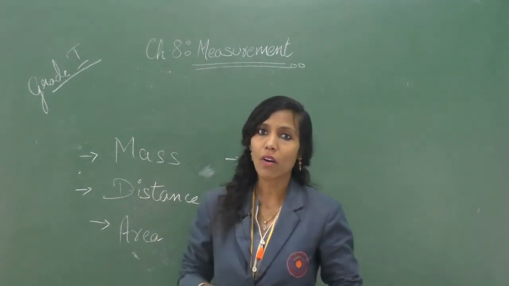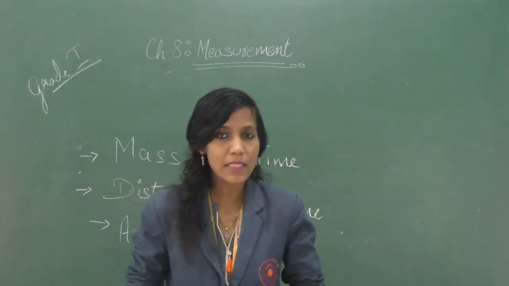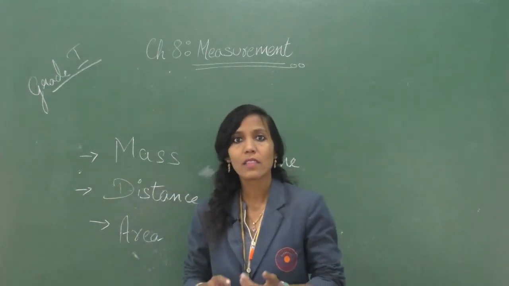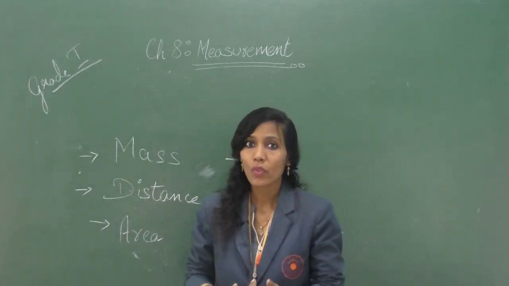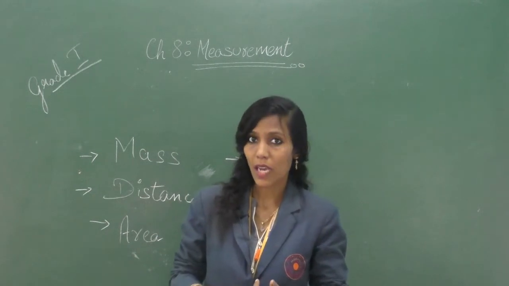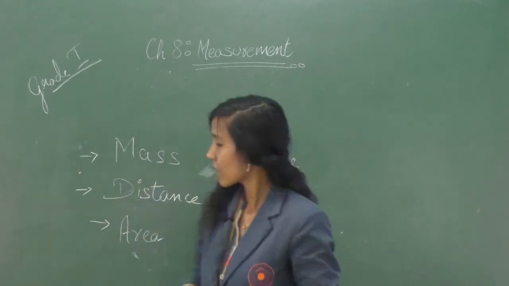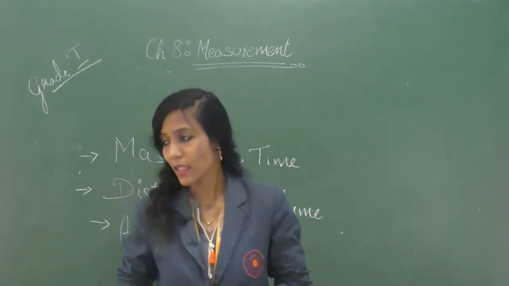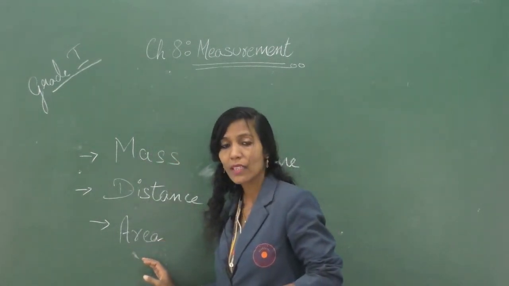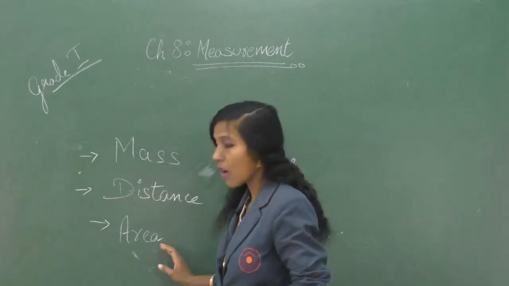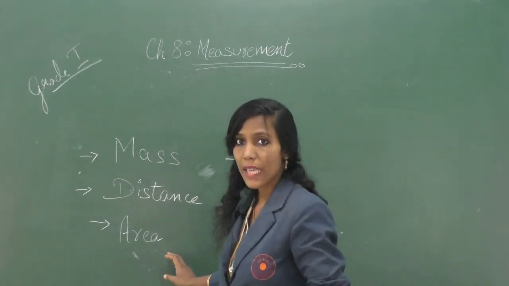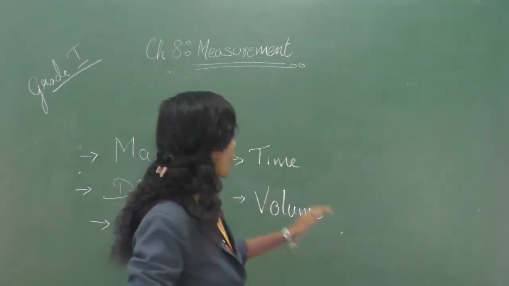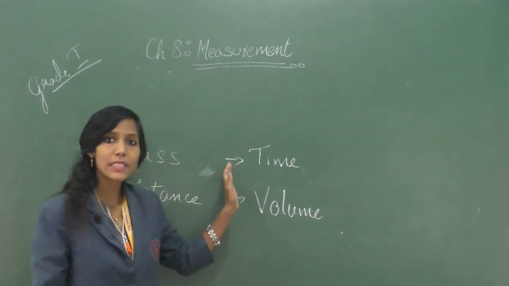Next, distance or length. To measure distance, the units used are meter, feet, yard, and so on. And when we come to area, the units here are feet square, yard square, or acres. Now the fourth one we have is time.